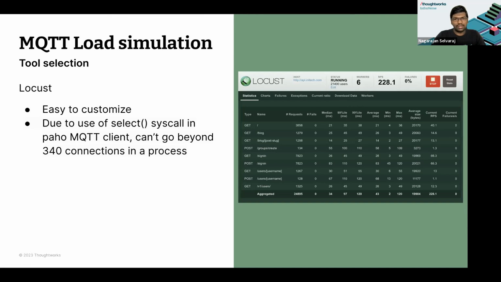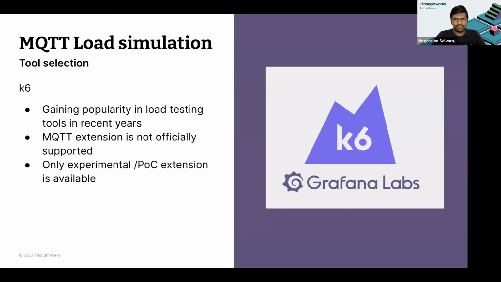Another option is to run more processes, but with our goal being 1 million, achieving it with 340 connections per process is not effective or efficient. So we had to look for other options.